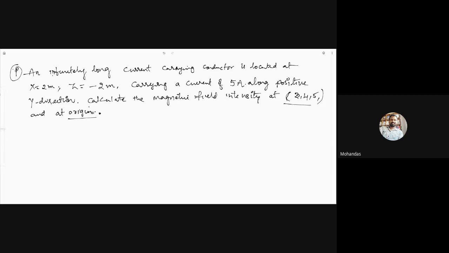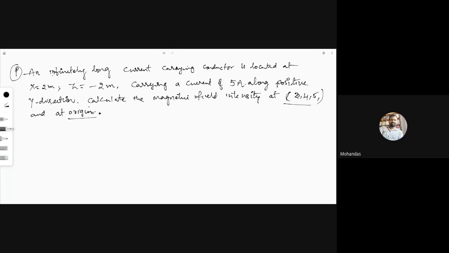Now, if you observe this problem, generally, what are the derivations you have done? The conductor is placed along which axis? Along the Z axis.